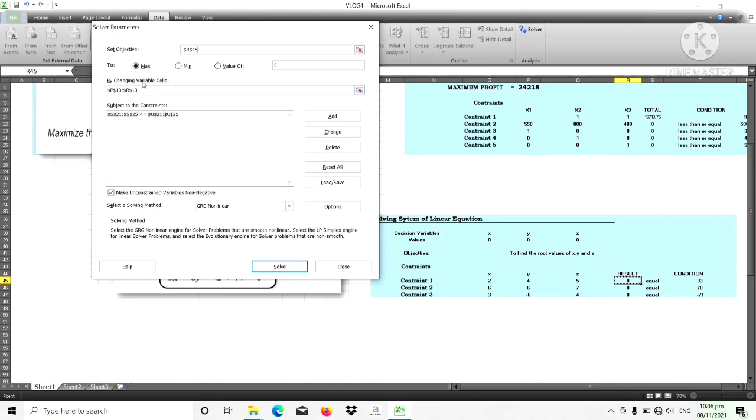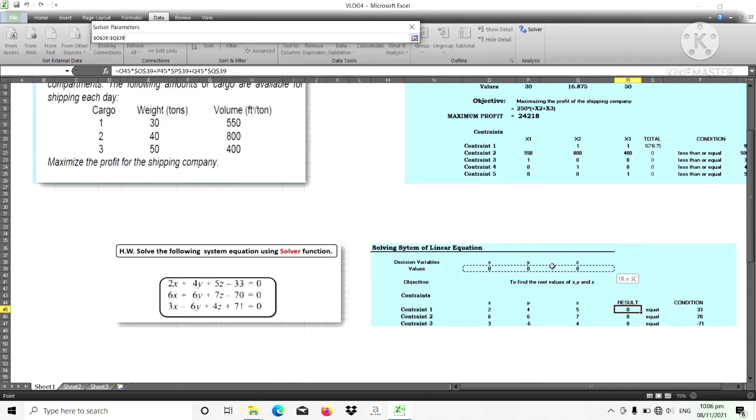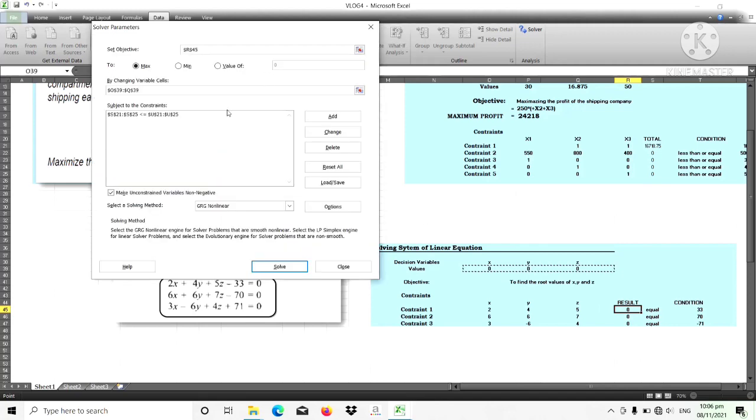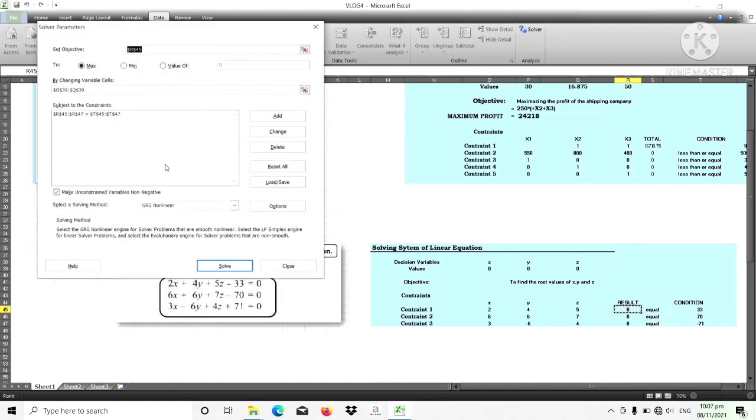So we have the changing variable cells, which are x, y, z, the values of that one, and then add the constraint, which is the result, then click the equal sign, then the constraint is to find the condition of that one, then OK, then click Solve.